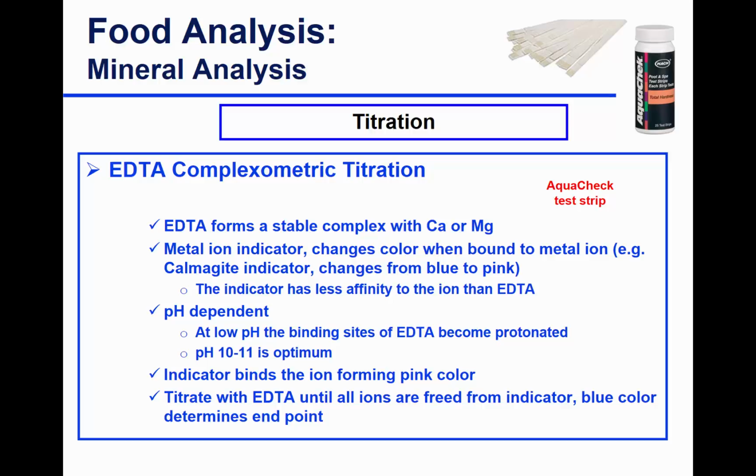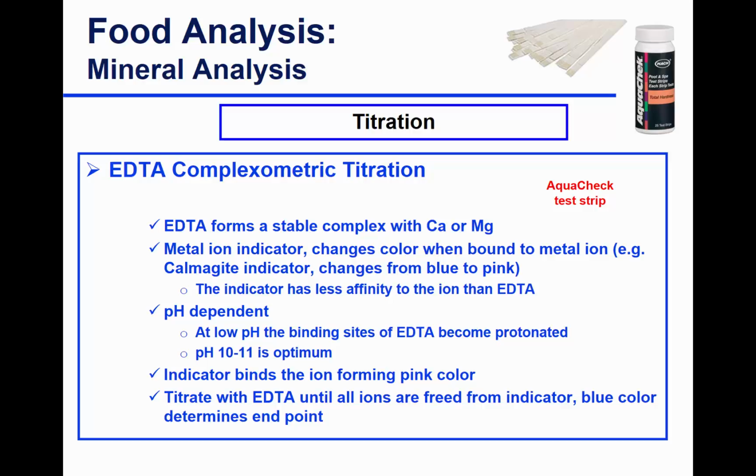Then you're titrating with EDTA, and you want the affinity to be more to the EDTA than the indicator. So when you're titrating, the calcium will be picked up by the EDTA and will leave the indicator. When all the calcium has bound to EDTA, the next drop of EDTA will turn the indicator back to blue.